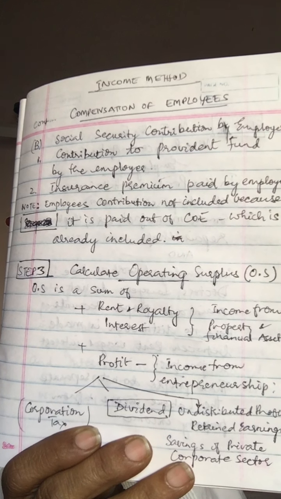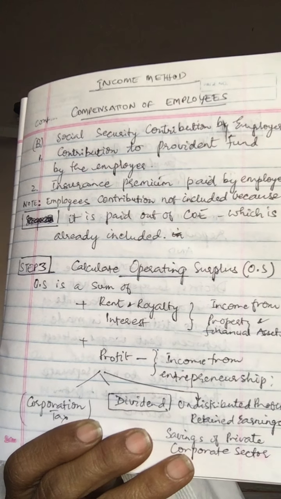Therefore, we see that it is the sum of corporate tax, dividend, and undistributed profits or retained earnings that make up profit.